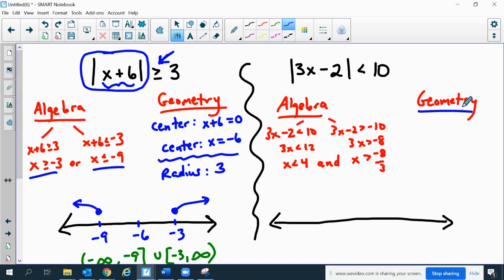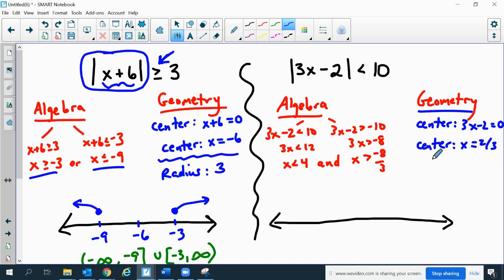Now let's take a look at the geometry of this one. I have to figure out my center still. So for my center, I take the 3x minus 2 and set it equal to 0. And so I solve and I get x equals 2/3 as my center.